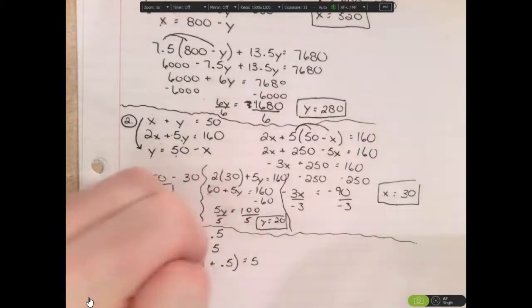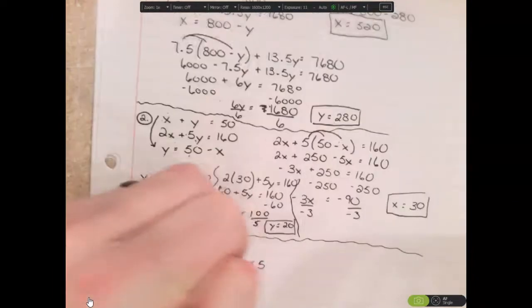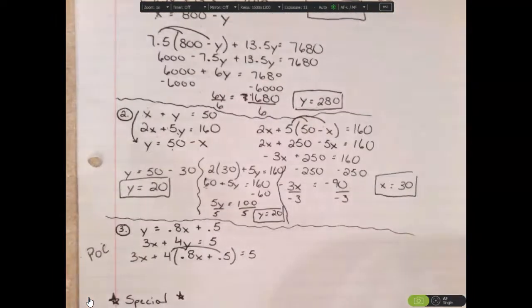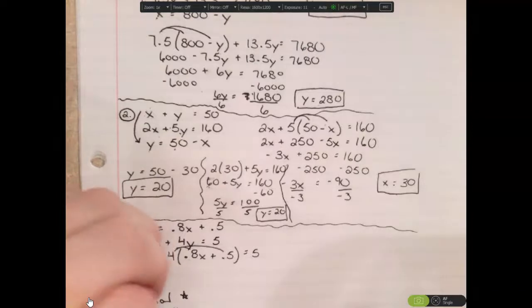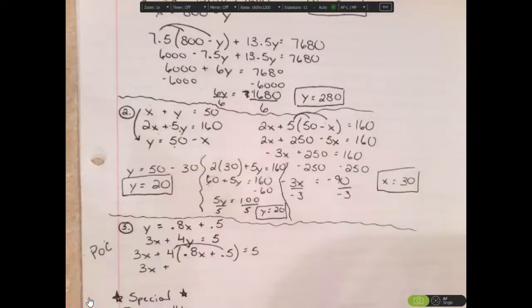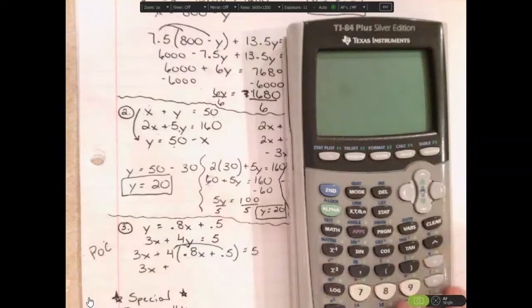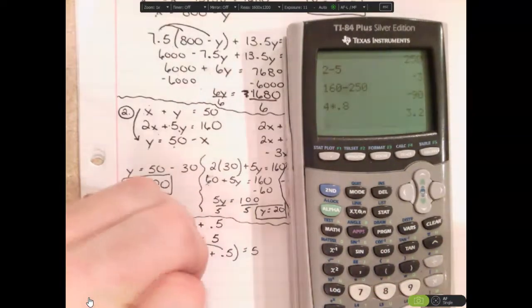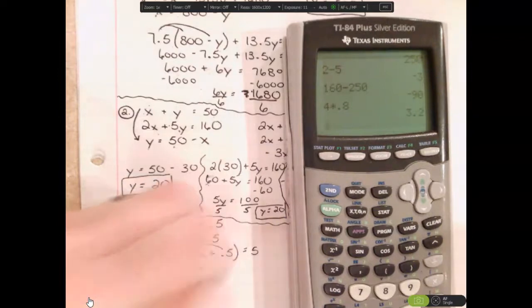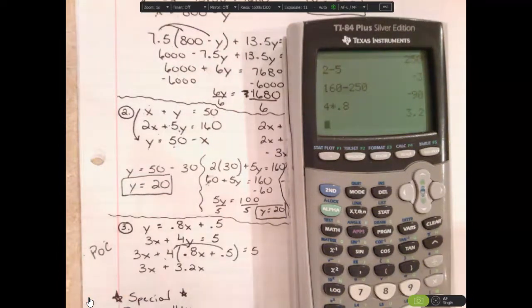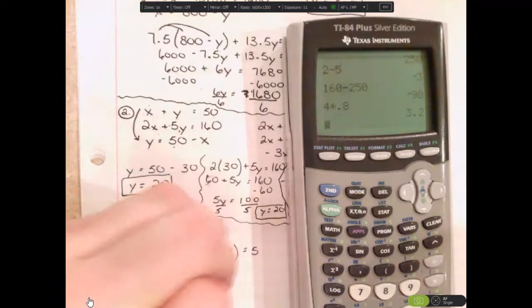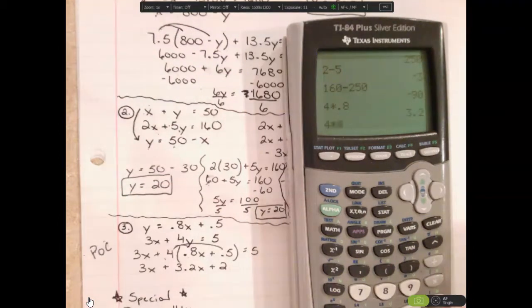Now I can distribute, so I'm going to plug 4 into everything. So if I carry this down, I have 3x plus, bring your calculator over if you need it, 4 times 0.8 is equal to 3.2x, 4 times 0.5, 4 times 0.5 is equal to 2.